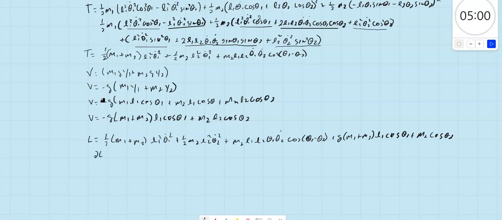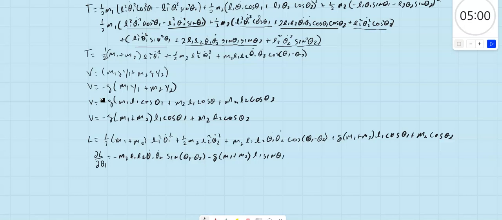partial of L with partial of theta 1. And what I have right here is minus M2 L1 L2 theta 1 dot theta 2 dot sine theta 1 minus theta 2, minus G times M1 plus M2 L1 sine theta 1.